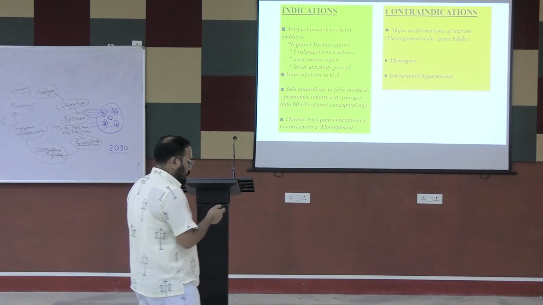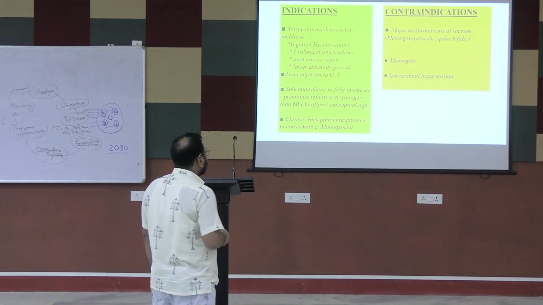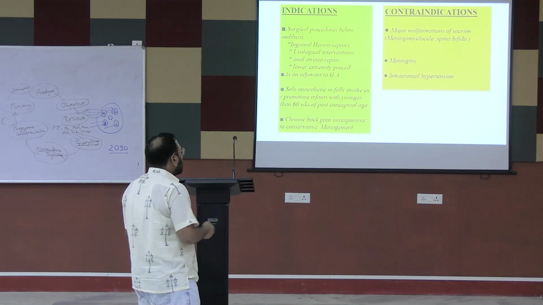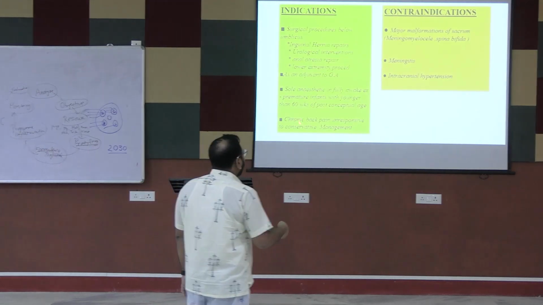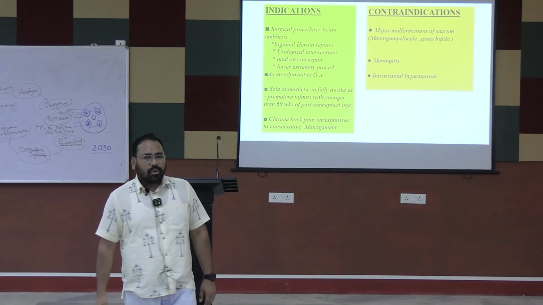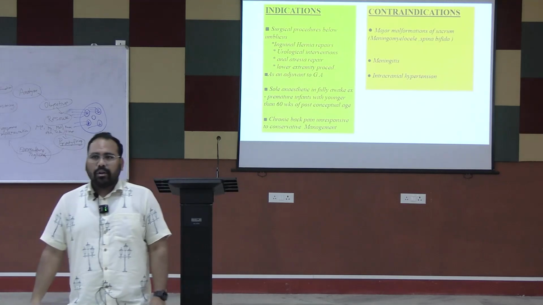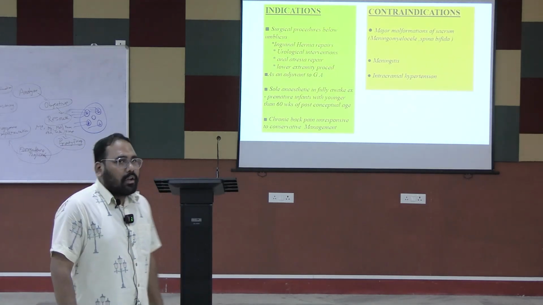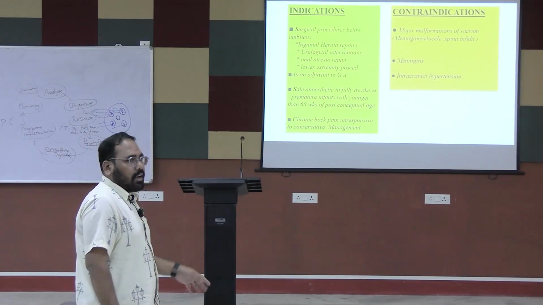Now there is another indication, chronic back pain unresponsive to conservative management. This is where you give caudal anesthesia to adult patients. There is one block called the caudal epidural block that is done in adult patients.